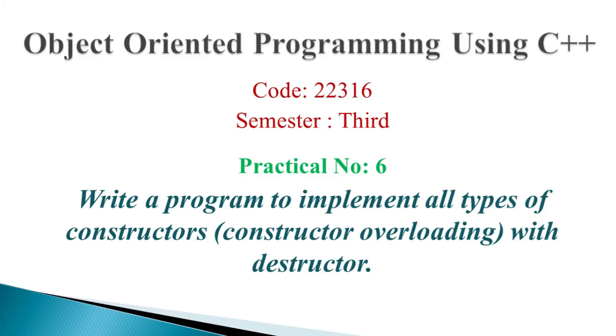We will see these three constructors, and also the destructor, how to create the destructor in the program. Then we have to create one class and one main method to perform these operations for constructor overloading.